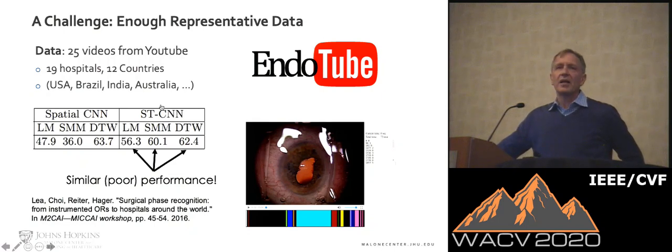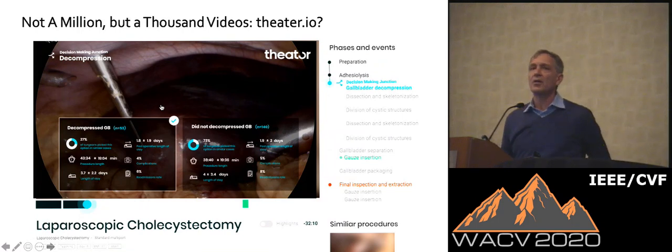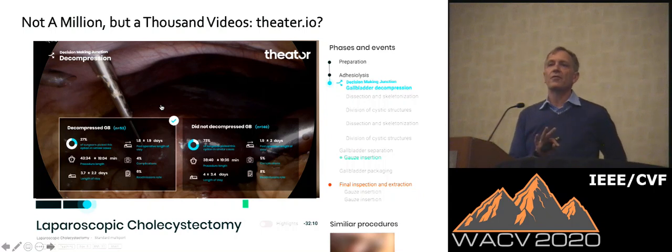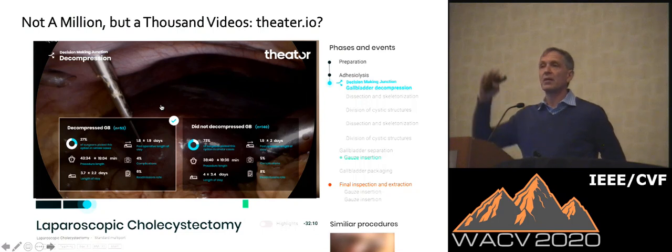We don't know the answer for sure yet, but I'll highlight some of where this work is going. This is a company called Theator.io. They just started up a year or so ago, and they're basically taking this sort of approach, using computer vision straight from laparoscopic video uploaded to their server. They do all of the phase labeling, they label some events, and they can now follow the entire time series of surgery.